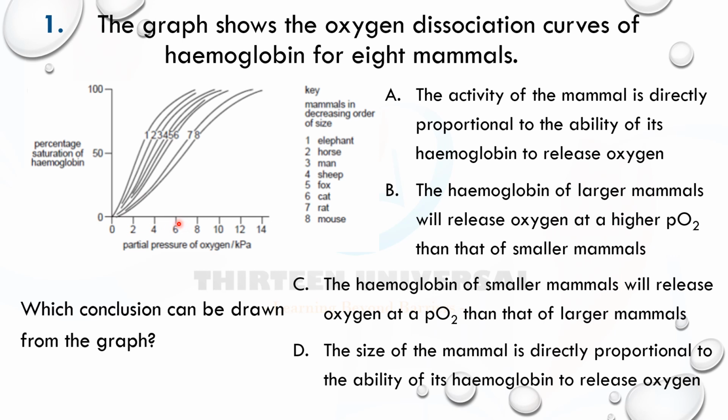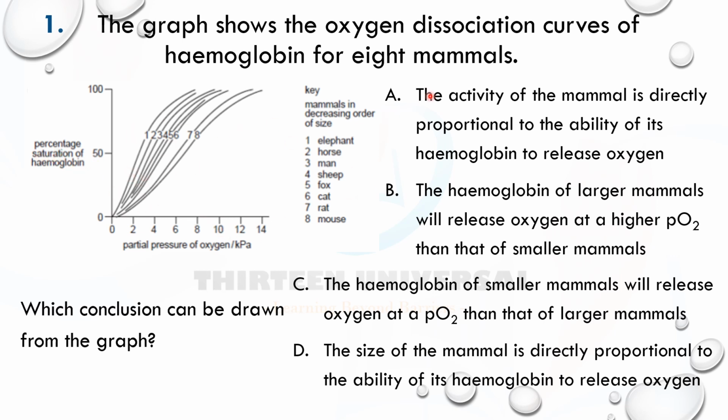If you pick 6, the percentage saturation of 8, which is mouse, is below 50. The next one, rat, is almost 50. The lower the percentage saturation, the less affinity they have. All right, let's go to the question.